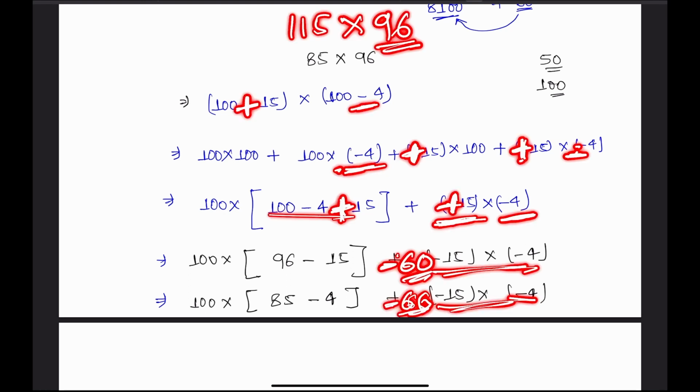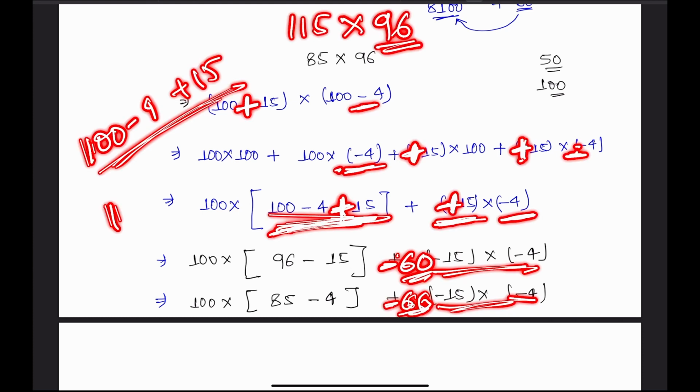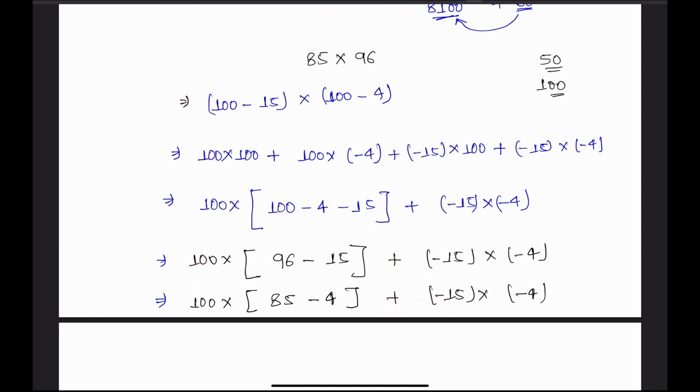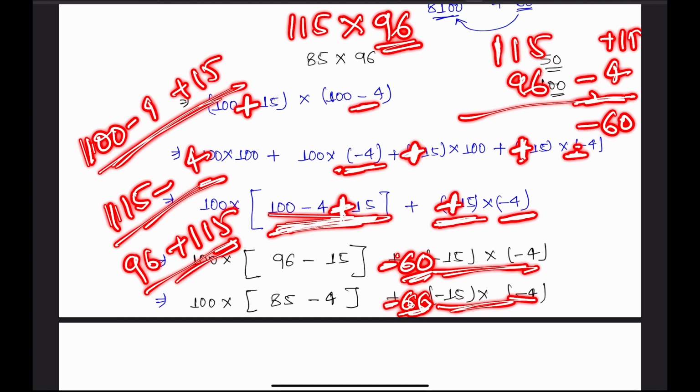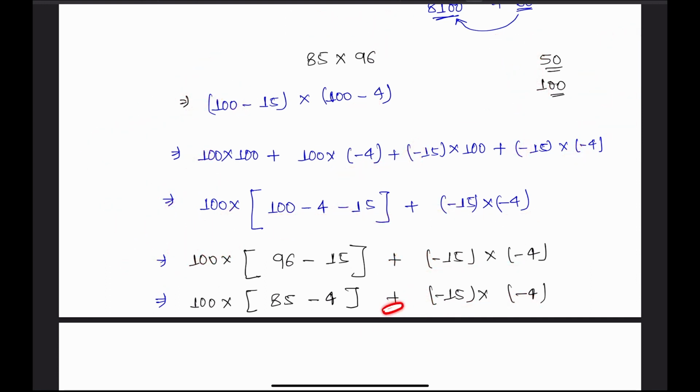And over here, if you see correctly, 100 minus 4 plus 15, so I can say that it is going to become 115 minus 4 or 96 plus 15, okay. And if you just check over here, 115, 96, here plus 15 minus 4, so plus minus we know minus 60, but again one more thing will be added, because minus 60 is from 100, so that we will solve.